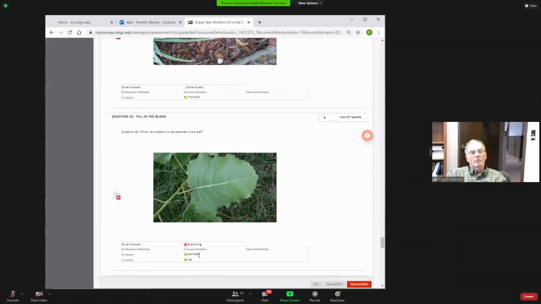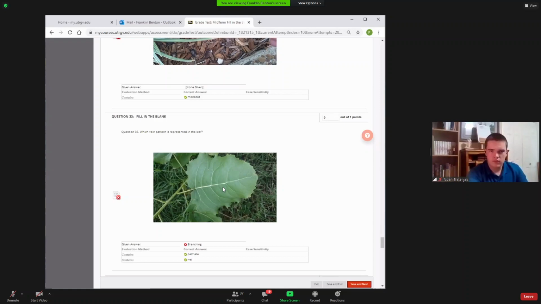Well, oh yeah, palmate, but the vein pattern. Okay, palmate will be correct, but the best one is net venation. But here they're calling it palmate. Palmate is more like what you'll find in a palm, but I'll count it correct.